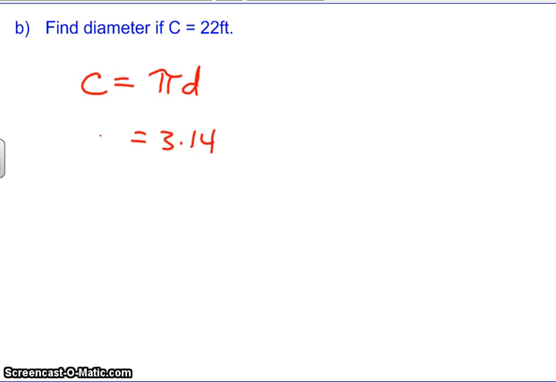You're saying C equals 3.14 times 22 feet. Now, were we told that the diameter equals 22 feet? Ooh, so we're going to have to back this up. Okay, so where do we put the 22 feet? On the other side. Very good.